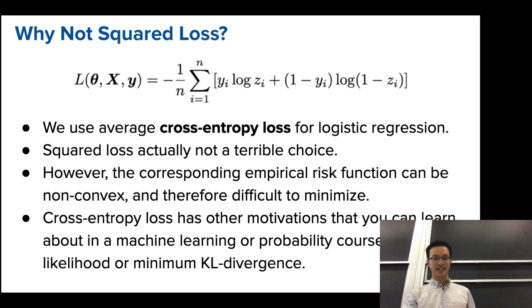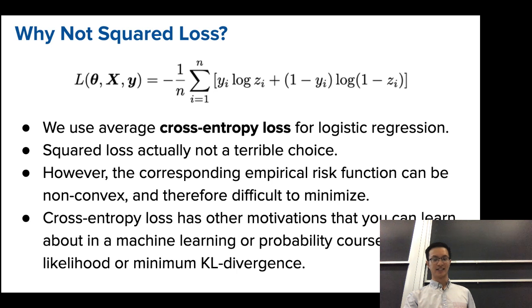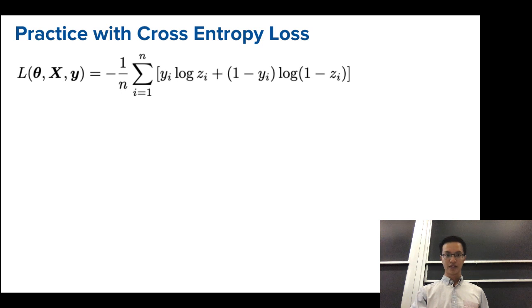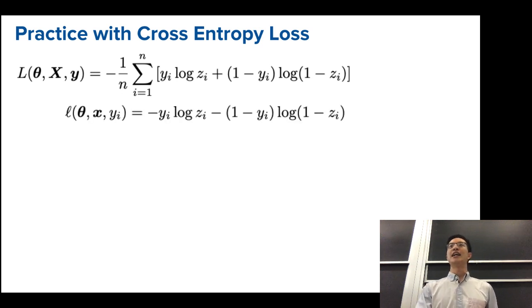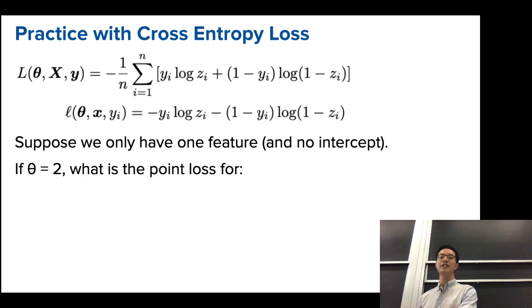So let's get some practice. Okay, so here's a loss, the average loss. And as usual, I use little l to refer to the loss on a single point. And what I'd like for you to do now is suppose that we only have one feature and no intercept.